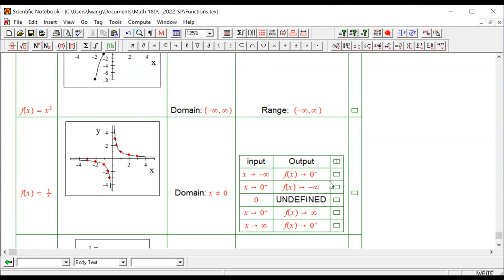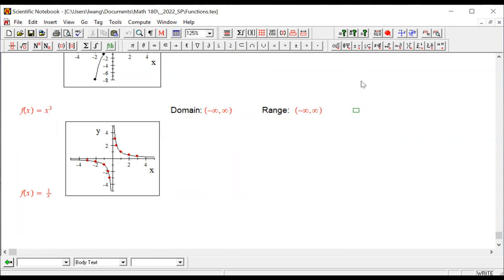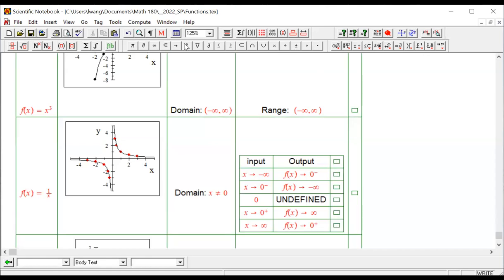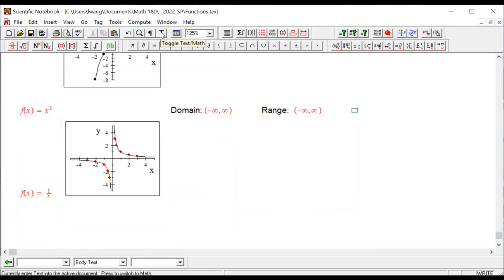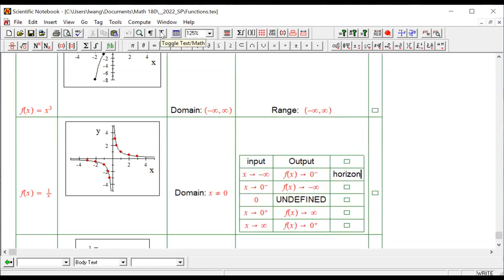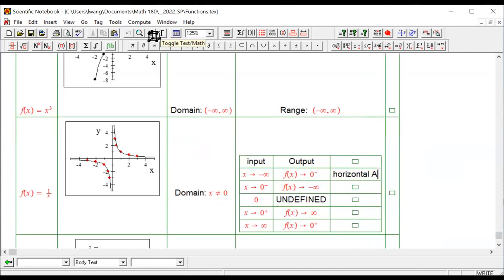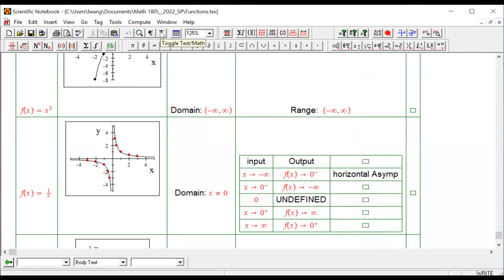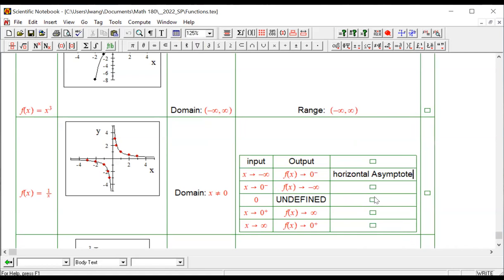This is gonna be the horizontal asymptote. Okay, horizontal asymptote is the x-axis, which is y equals 0.